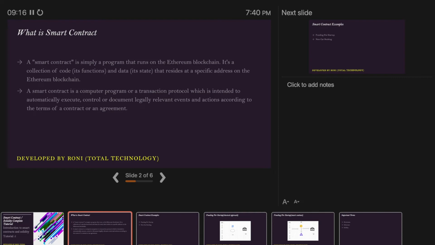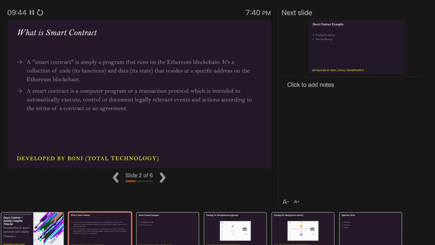Now let me tell you this thing in the form of computer science. This contract is definitely not going to be written in plain English. When you are talking about a computer program, you must think that this is going to be a piece of code written in the Solidity programming language. So a smart contract is always written in Solidity, and it always runs on the Ethereum blockchain.